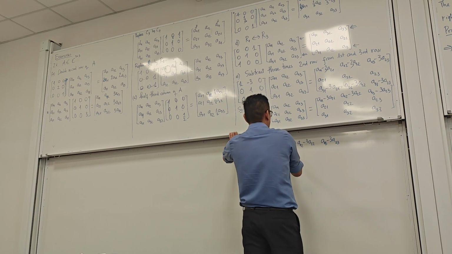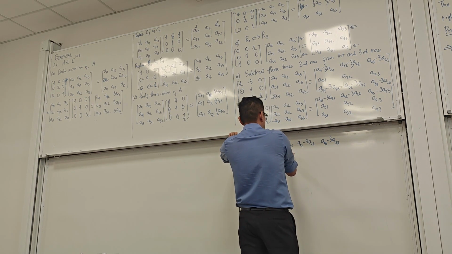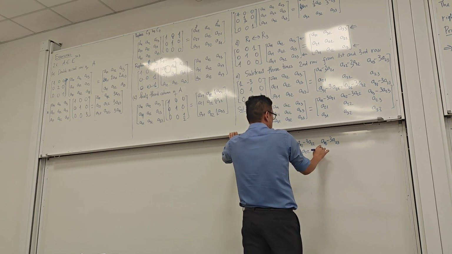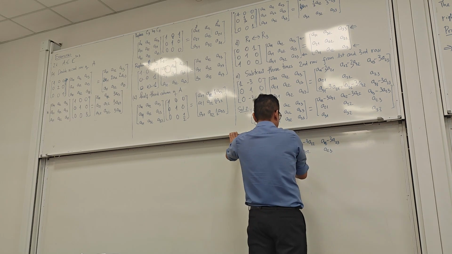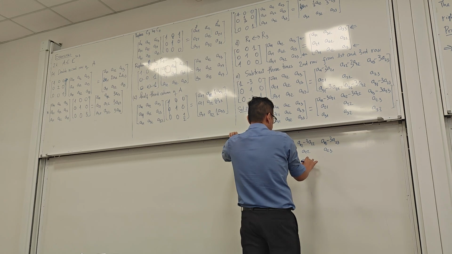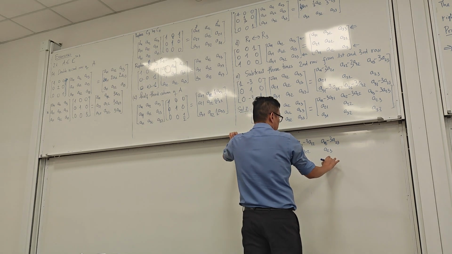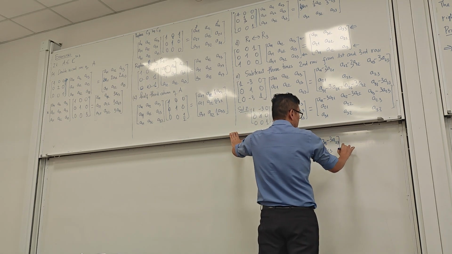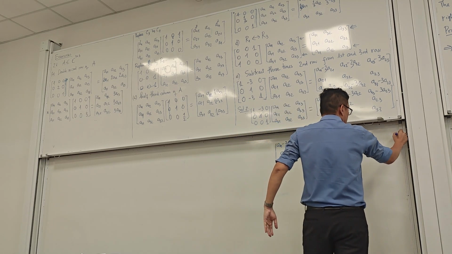And here I have A21, A22, A23, A31, A32, A33. Now I want this matrix to become the following.